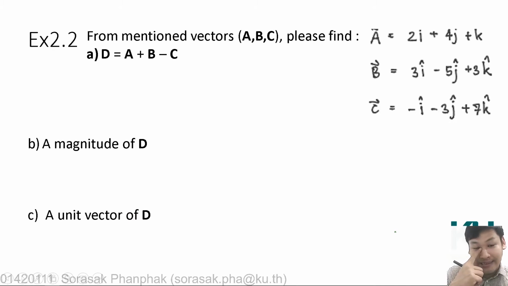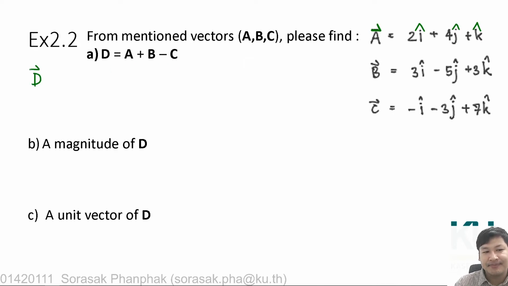Let's see an example. Now if you have these 3 vectors, I will put the hat on them, because these are all vectors and unit vectors. Please determine this term.